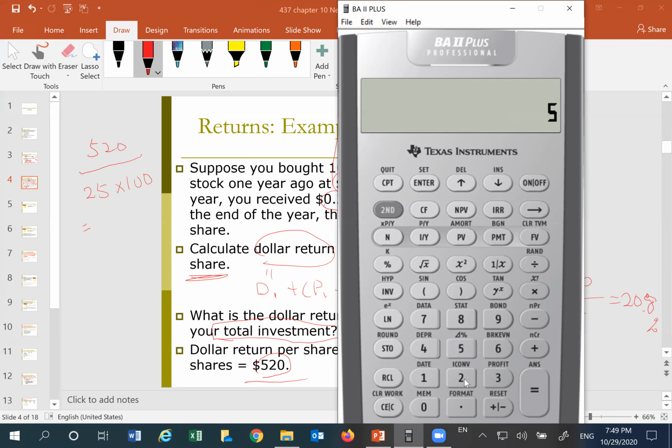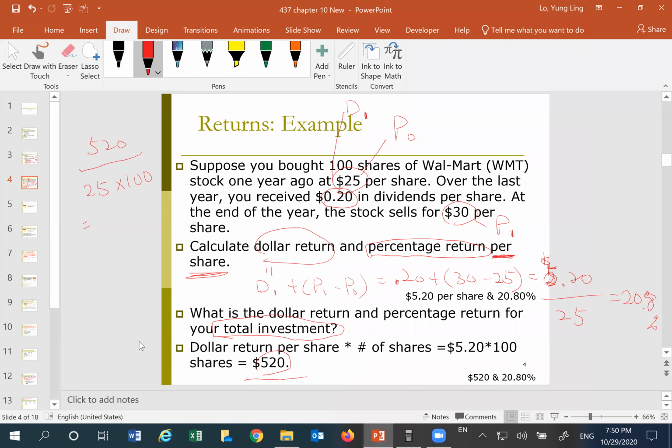So 520, divided by open parentheses, $25 per share times 100 shares that I bought. That will be my denominator, a total investment of 2500, and therefore it is still the same 20.8%, whether we're looking at a total of 100 shares or based on just one share. So it's always 20.80%.